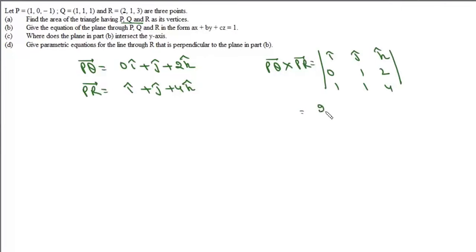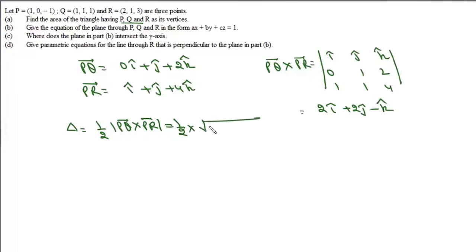If we solve this, we'll get 2i plus 2j minus k. So area of this triangle PQR will be 1 by 2 into magnitude of PQ cross PR. Now this is 1 by 2 into under root of 4 plus 4 plus 1, which is 3 by 2. So area of this triangle is simply 3 by 2.